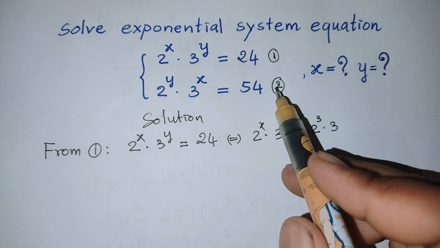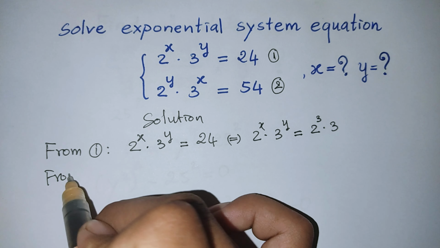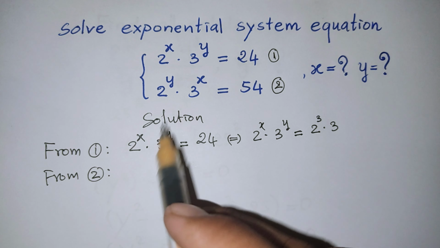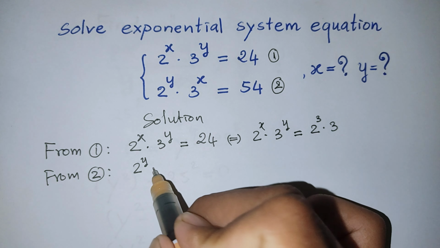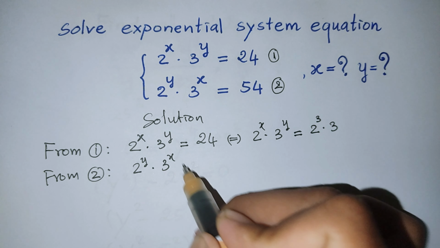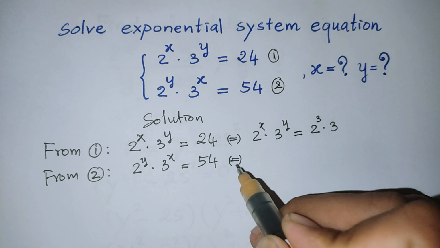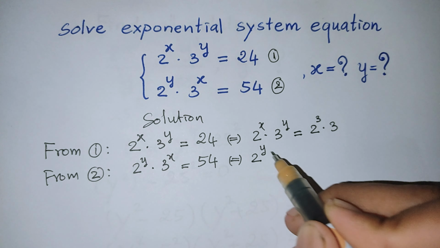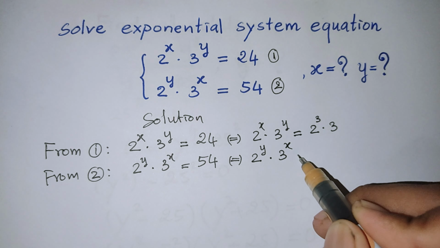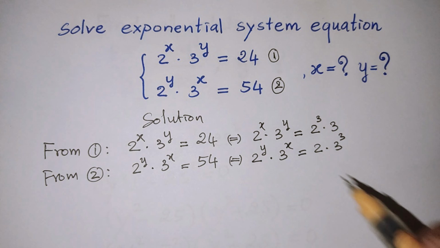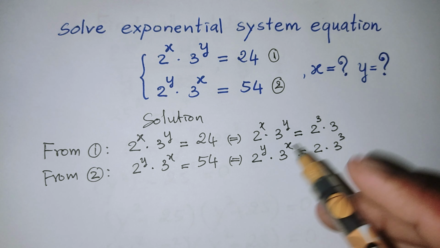And from the second equation, we get 2 power y times 3 power x equals 54, which can be written as 2 times 3 power 3.